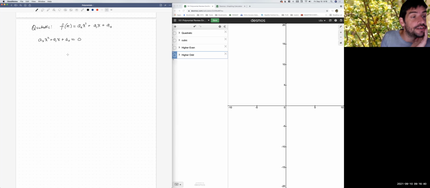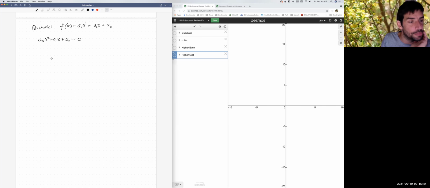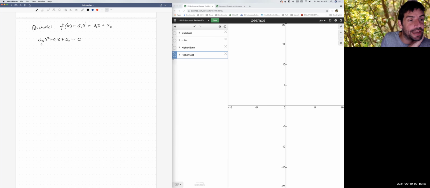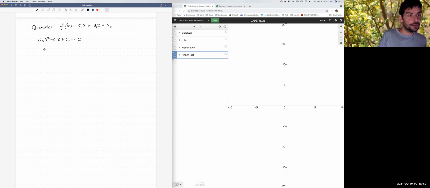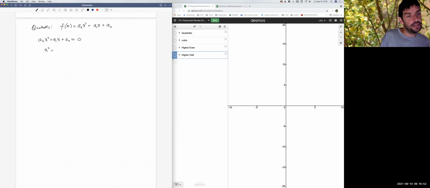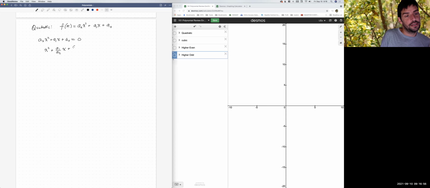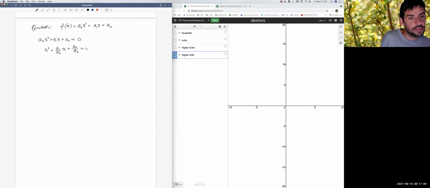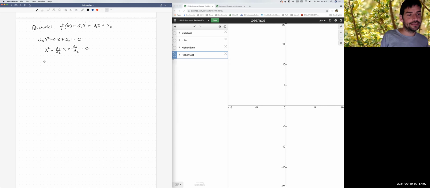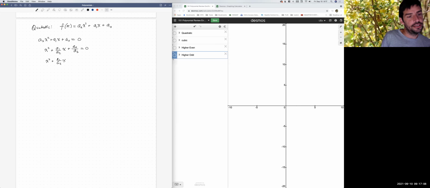So if I wanted to solve this, we'll use a method of completing the square, but we're going to do a little bit of work first. I'm going to divide everything by a2. Remember, a2 is not 0, so this is a perfectly reasonable thing to do. So I'll have, and let's subtract that constant term at the end to the other side.